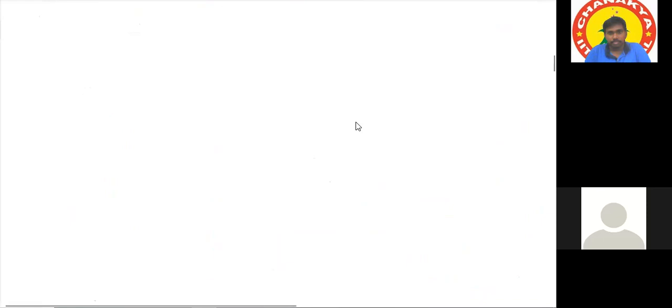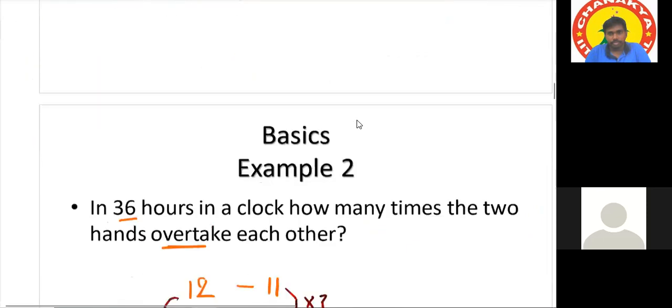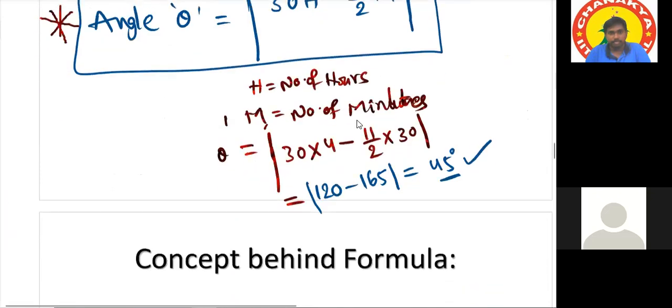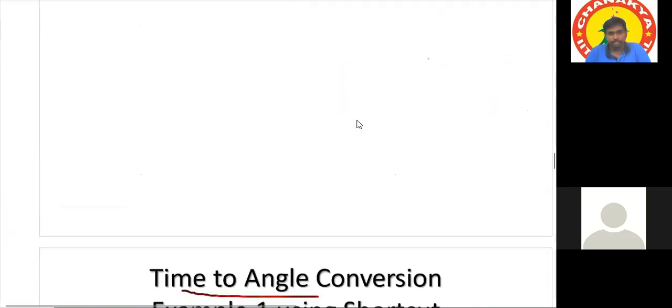What is the formula for the angle between the two hands? Yesterday only I mentioned the formula and I asked you to read it again and again.